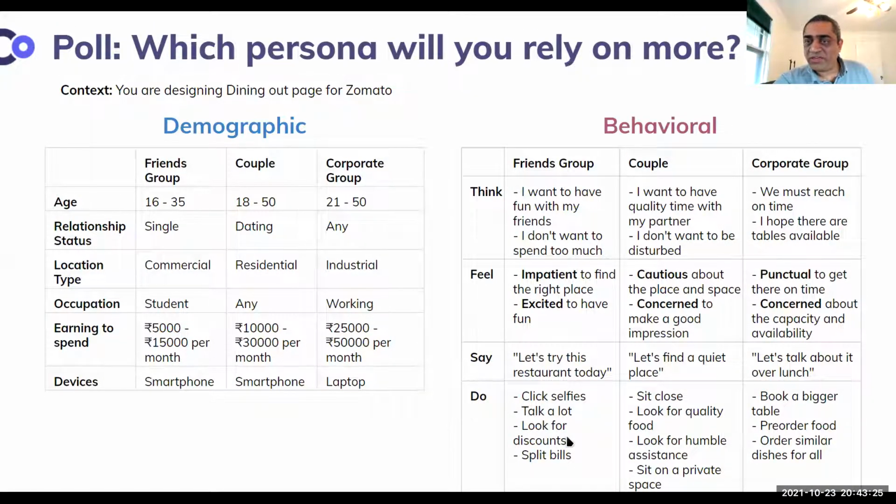Okay, do we have a poll for this, Saurabh? Yep. Go ahead. So which of these two will you rely on?